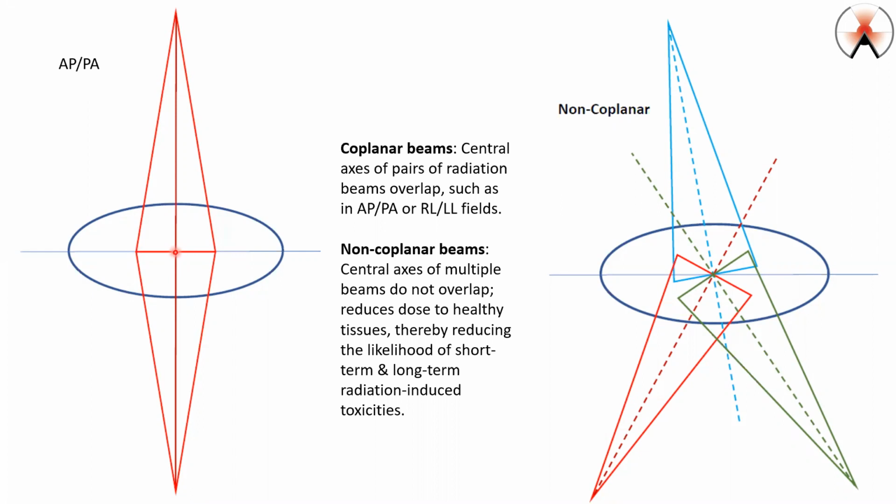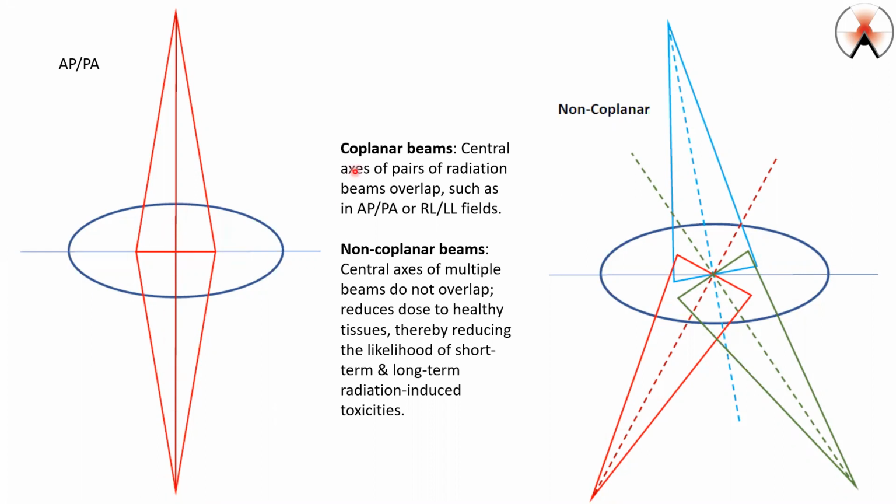But that does not mean that all along the path of the photon, some dose is not actually being deposited, okay? Even as it exits the patient. But what I want to point out here is your central axis. Look at your central axis. As it enters and as it exits, it overlaps with the central axis from the PA direction as well.